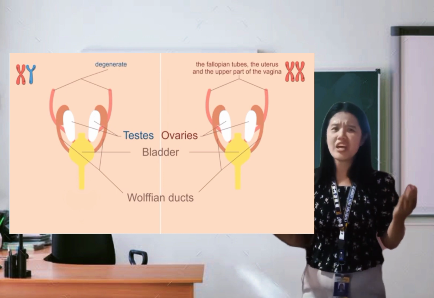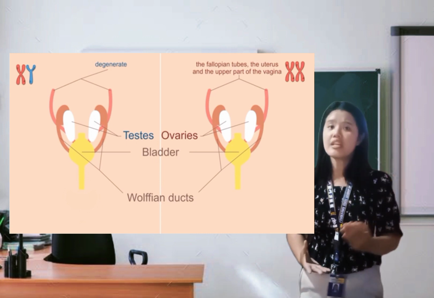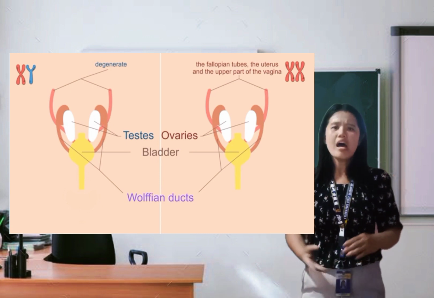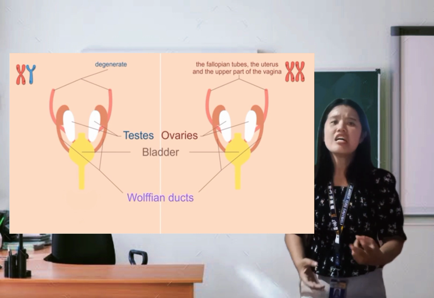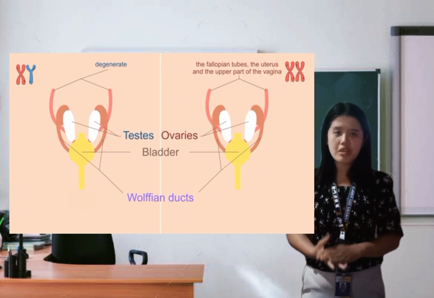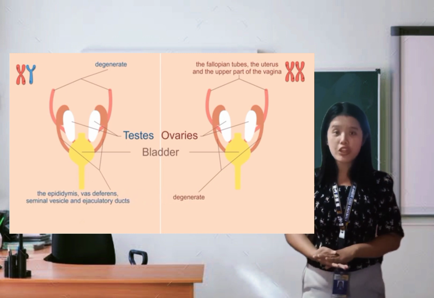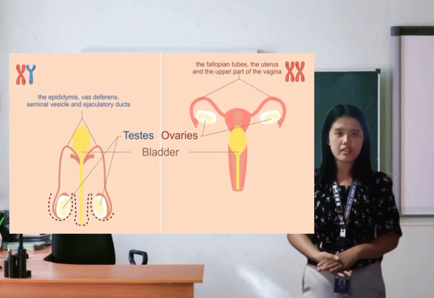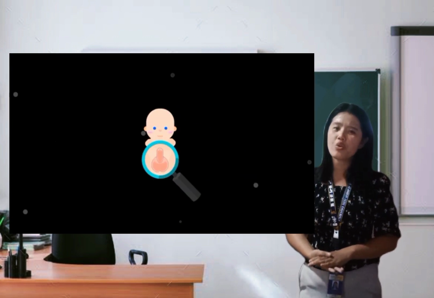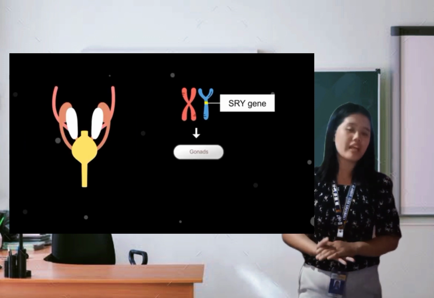They will either degenerate or develop into the fallopian tubes, the uterus, and the upper part of the vagina. Another set is the Wolffian ducts. They will either develop into epididymis, vas deferens, seminal vesicle, and ejaculatory ducts or degenerate. But we can clearly distinguish boys and girls just by looking between their legs.